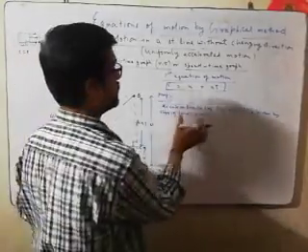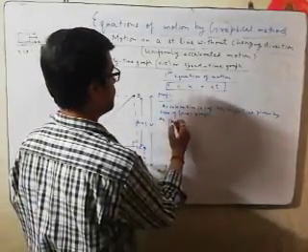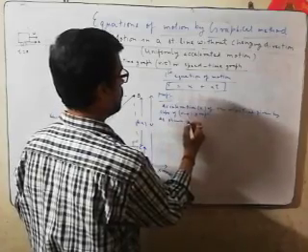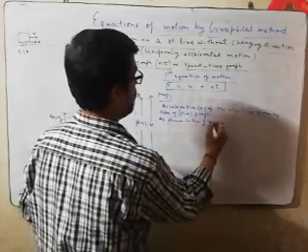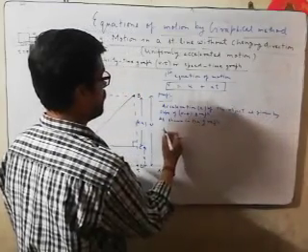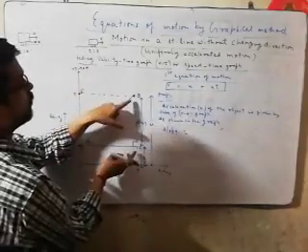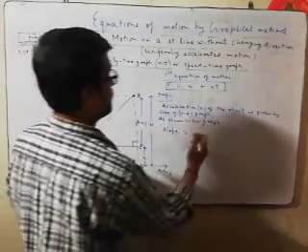Okay, this is the statement we have to give, very important. As shown in the graph, slope is perpendicular BC by AC.